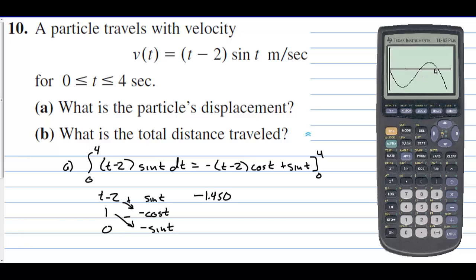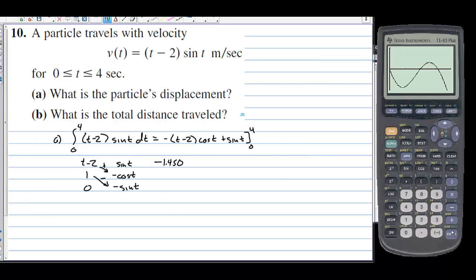We need these two zeros, so we'll have to make 3 integrals. We'll calculate the first zero, and we need left bound, right bound, and we'll guess right there, and it is at 2, 0. Our first integral is from 0 to 2, and then 2 to the next zero right here. Let's calculate that zero.